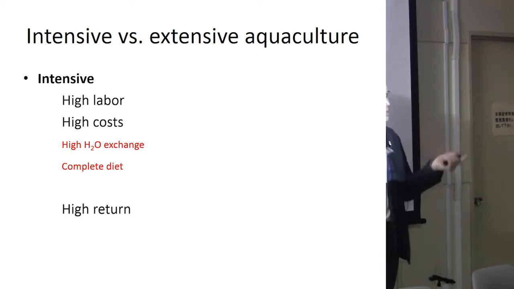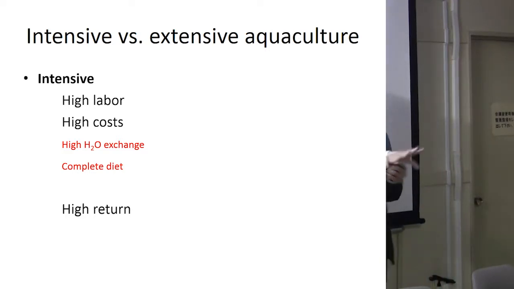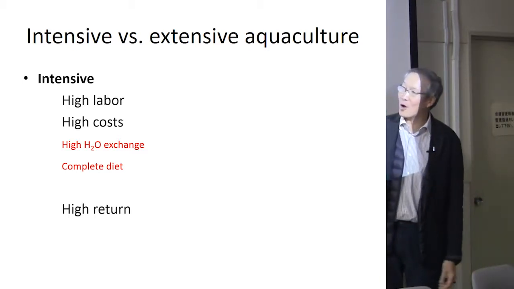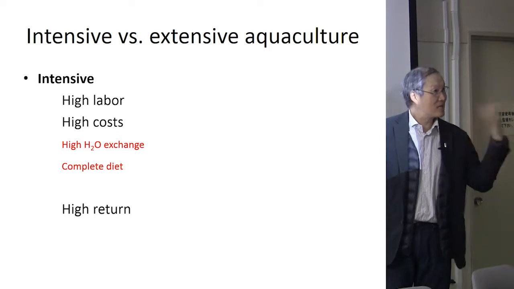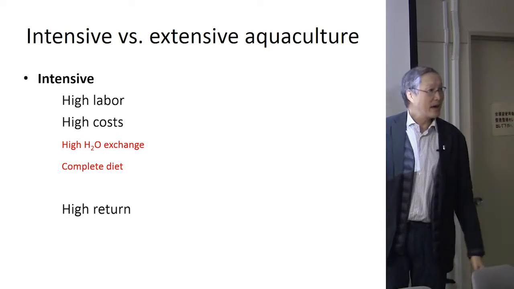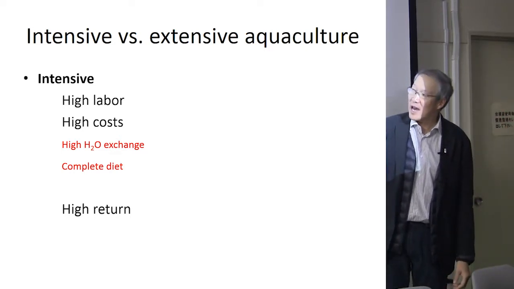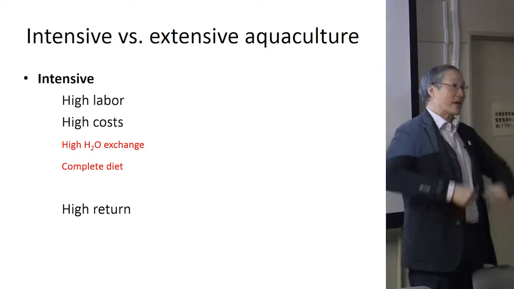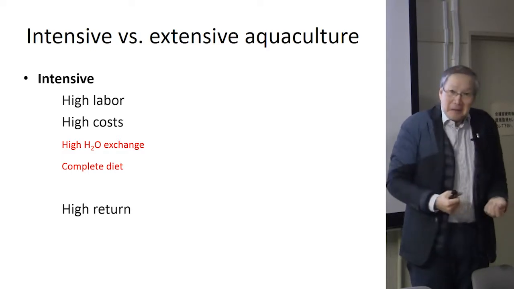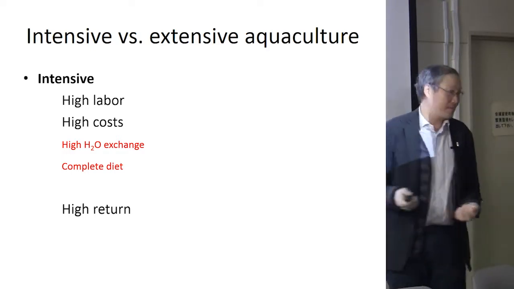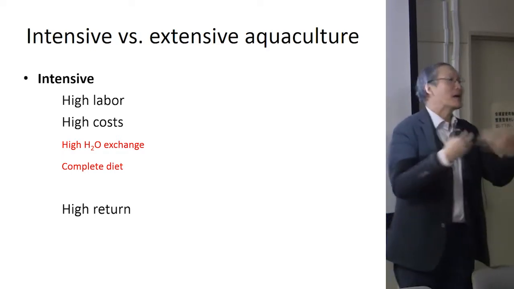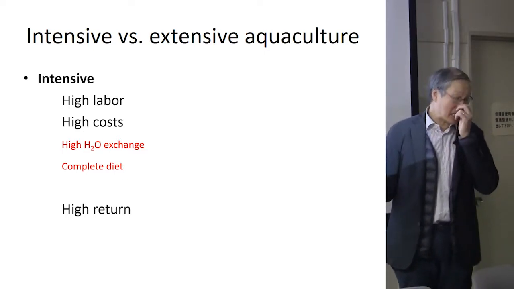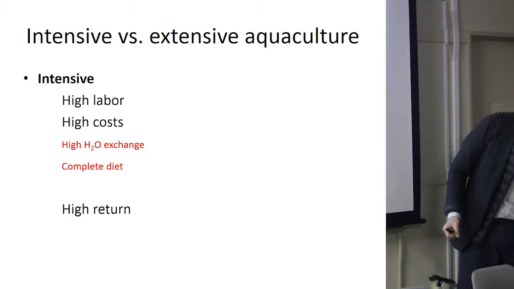Inside the ponds, for example, because you put in a lot of machines and equipment, you will have a high oxygen water exchange, which is good for the fish. And you will have a complete diet, so your fish will be very genki because they have complete food. So you will have a high return. Your income will be high because your harvest is high. So this is intensive.